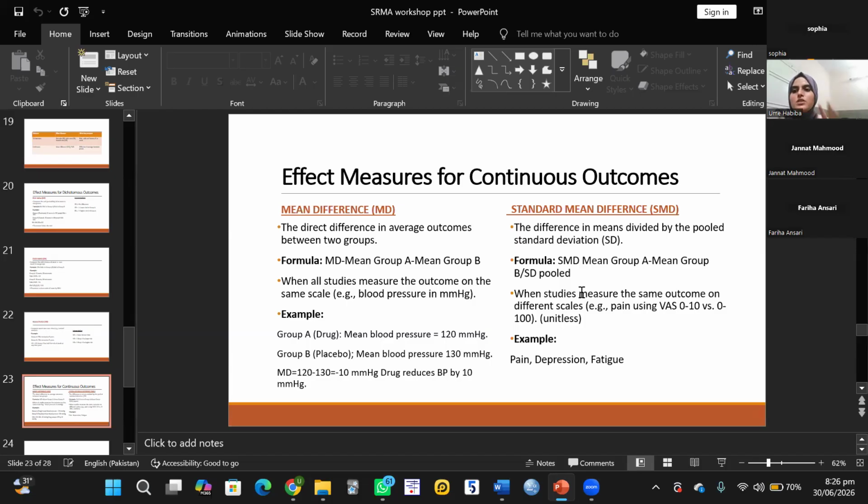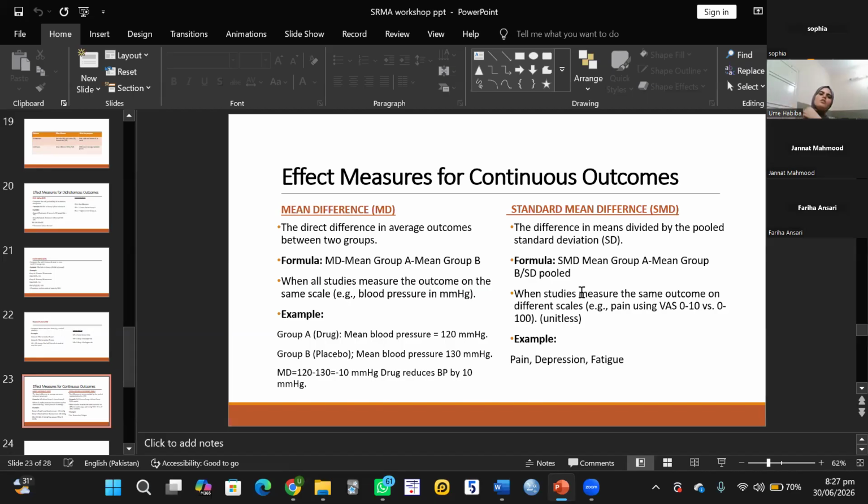Different studies could use different scales to report pain. Many different scales for depression, for fatigue, right? So if the scales are different within your outcomes, then you use SMD, standardized mean difference. But if the unit is the same, like blood pressure, which is going to be in millimeters of mercury, you use mean difference. If it's different, then SMD.